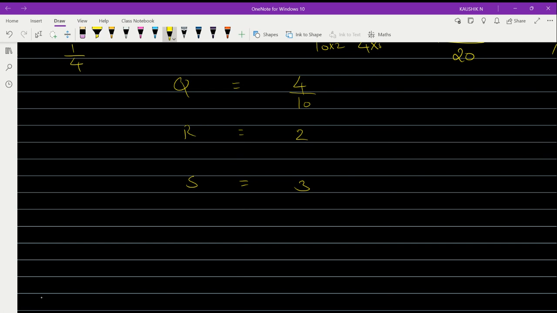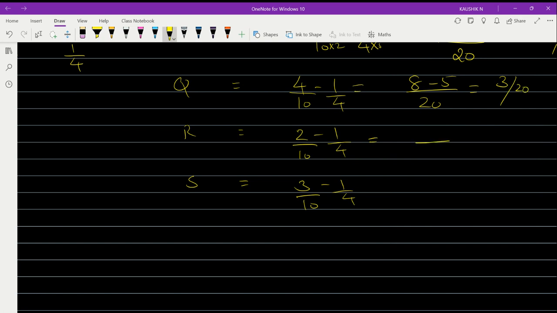So 4 by 10, 2 by 10, 3 by 10, minus 1 by 4, minus 1 by 4, minus 1 by 4. So LCM is going to be 20, no doubt about it. So 10 into 2, 4 into 2, 8 minus 4 into 5, 1 into 5, 5. So 8 minus 5 is 3 by 20.